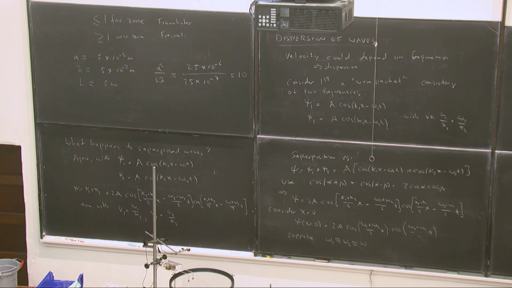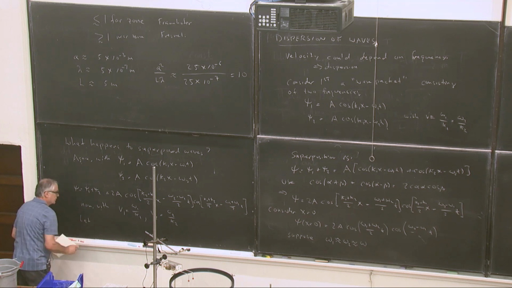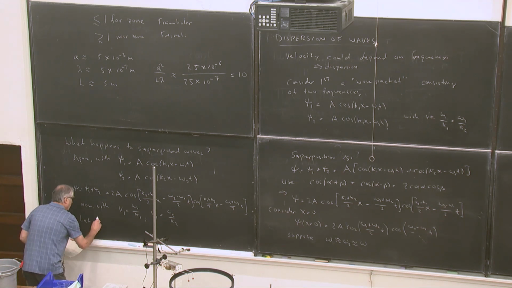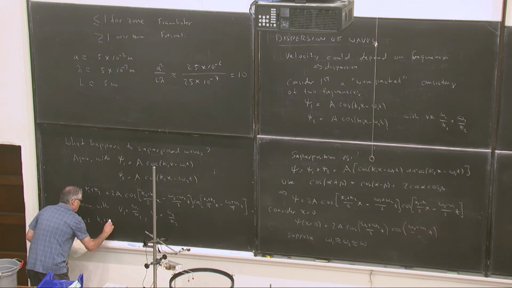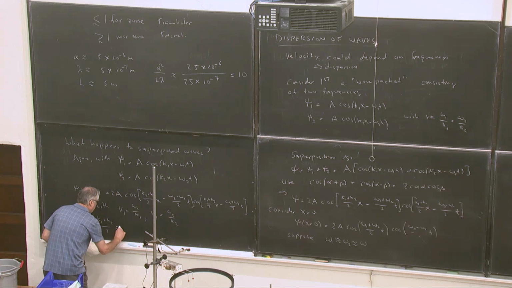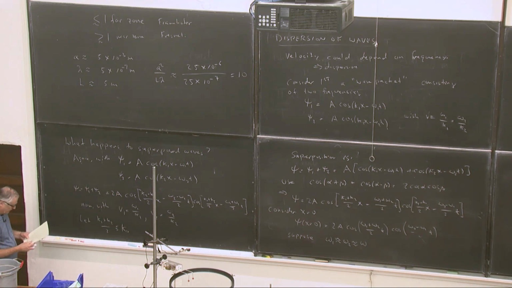Okay, so I'd like to pursue this a little bit and see what useful we can get out of this. So again, I'm going to take omega 1 and omega 2, the idea at least being that omega 1 and omega 2 are fairly close together. I'm also going to assume that K1 and K2 are reasonably close together.